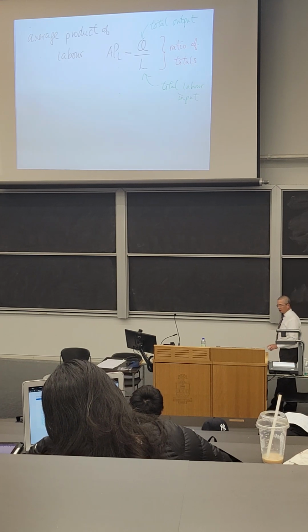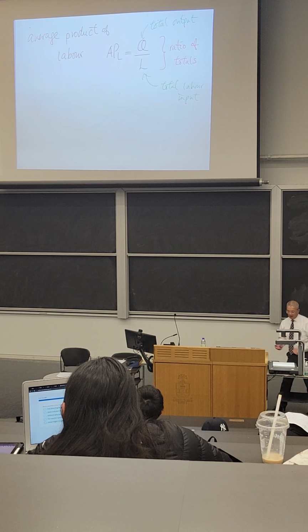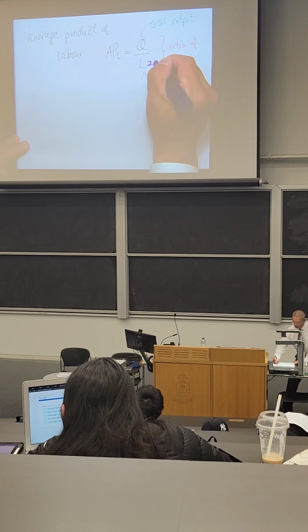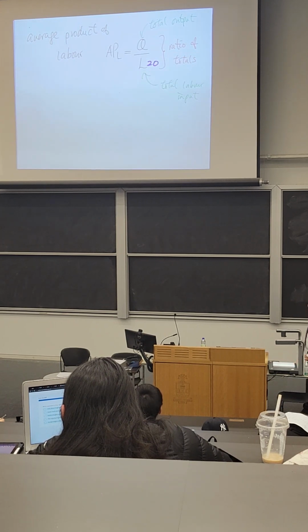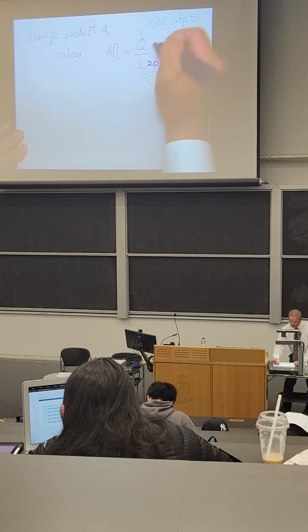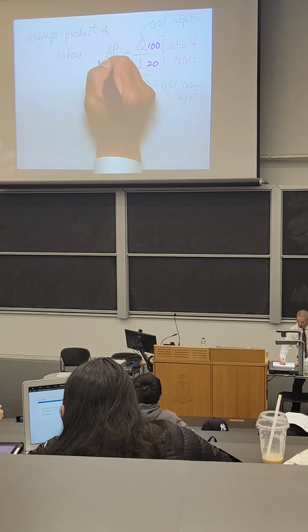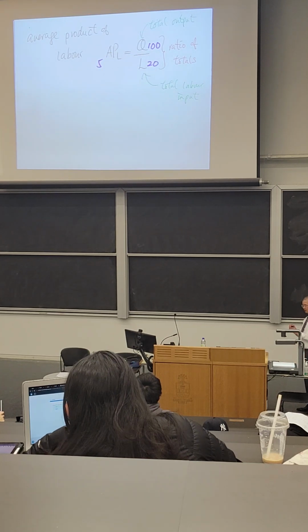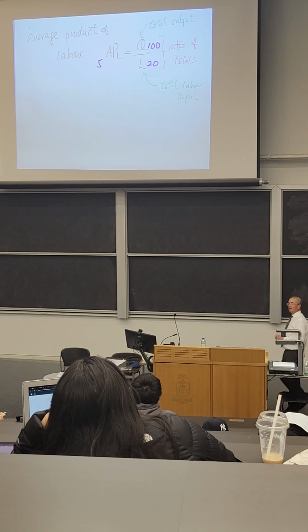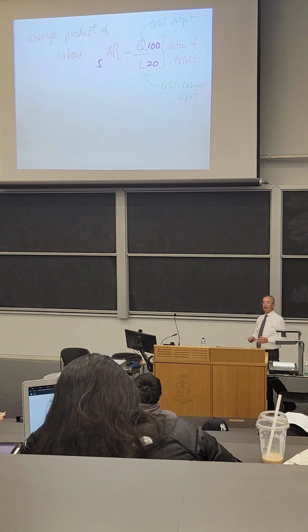So average product of labor is the ratio of the total. In other words, if you hire 20 workers in your factory and you can produce 100 units of output, then on average, each worker is producing 5 units of output. That is the average productivity of each worker.